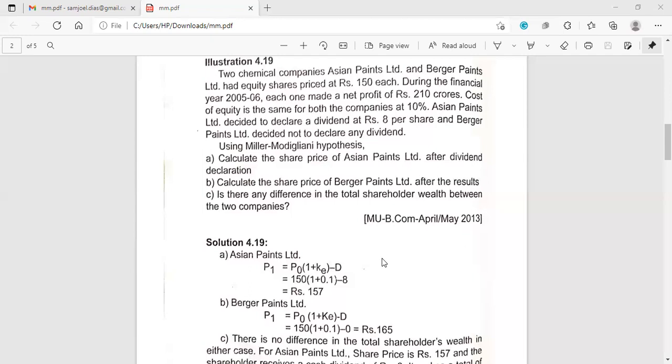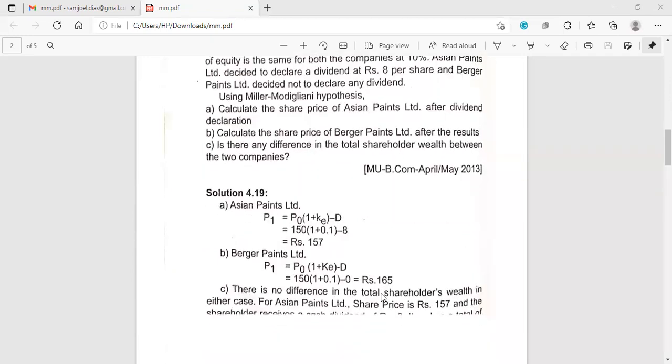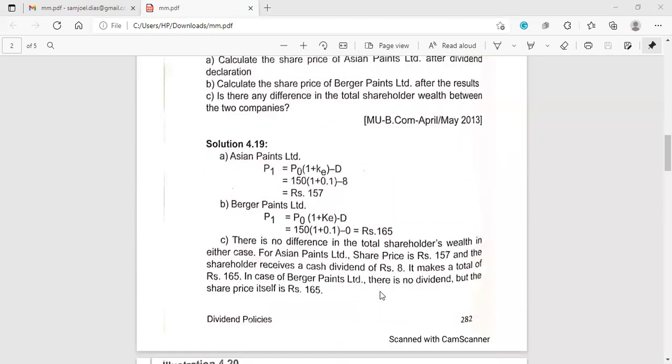The reason is that there is no relevance of dividend on the market price because of the arbitrage process. Now we are supposed to know about the wealth, whether the shareholders of Asian Paints gain better or the Berger Paints shareholders gain better.